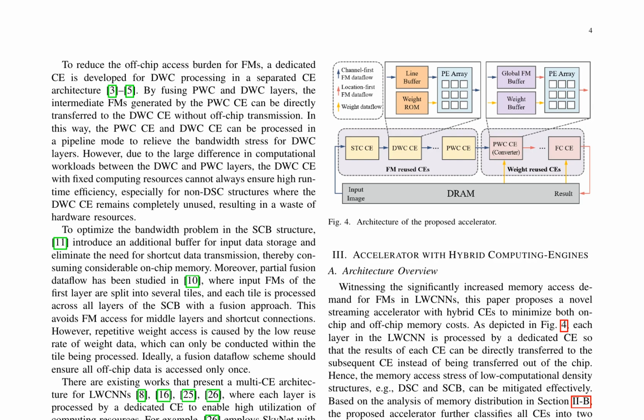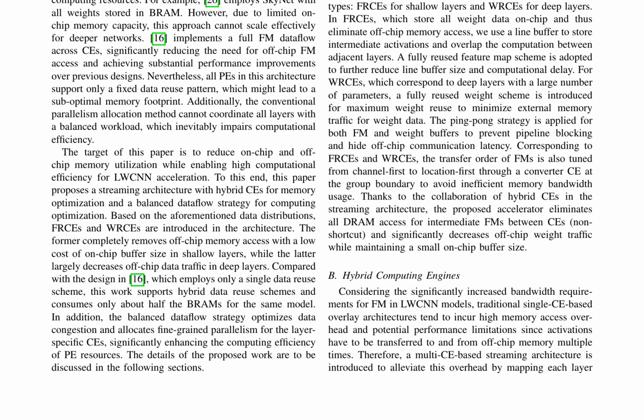Related works on LWCNN accelerators are reviewed, including those that perform convolutions within a unified computational element (CE), those that develop dedicated CEs for DWC processing, and those that employ a multi-CE architecture for LWCNNs. However, limitations in these approaches are identified, such as low computational efficiency, high power consumption, and suboptimal memory footprint.